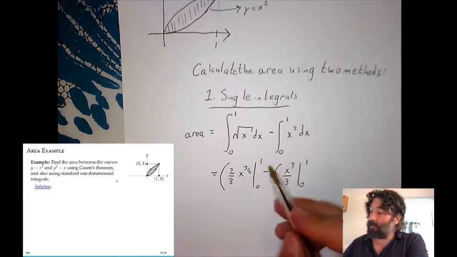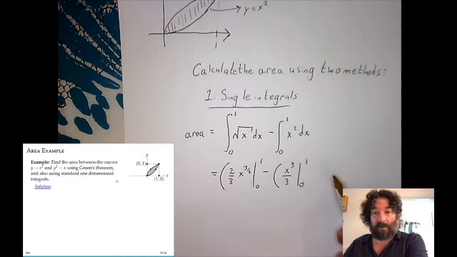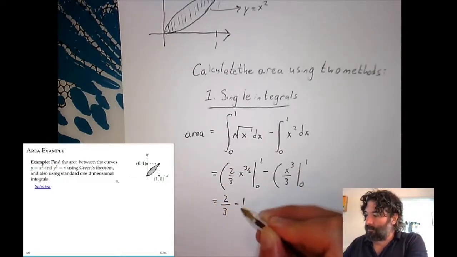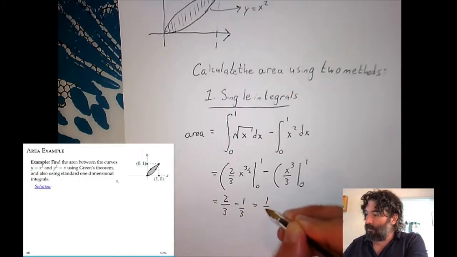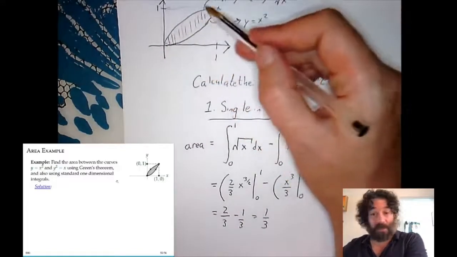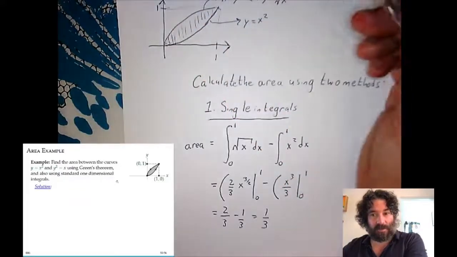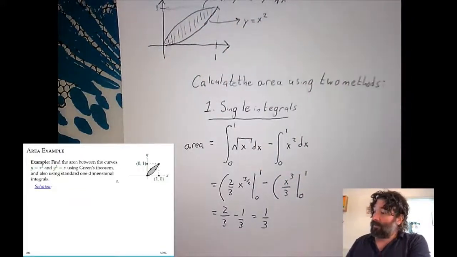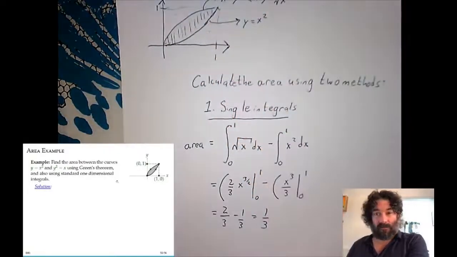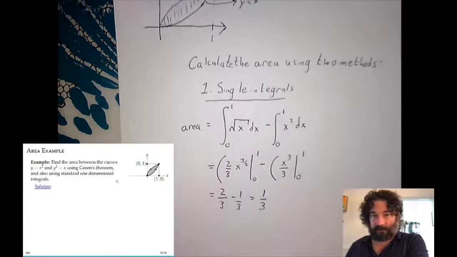And so we only get something non-zero when we plug in the limit x equals 1, and this becomes 2/3 minus 1/3, or 1/3. So interestingly, this area is 1/3 of the area of the unit square, which is 1. So this is actually dividing up the unit square into thirds. It's a bit surprising, I think.